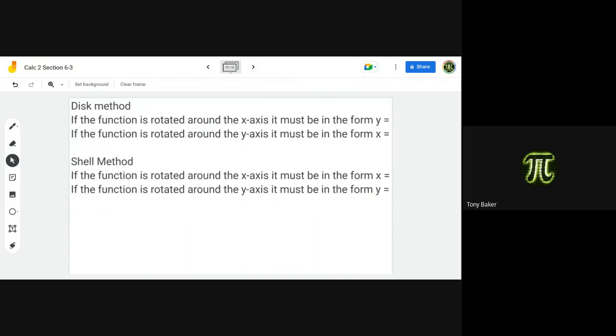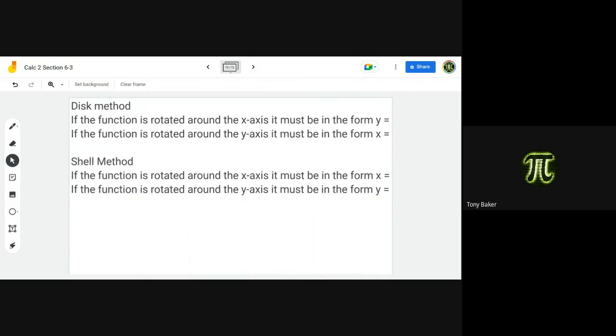Your disk method, if you're rotating around the x-axis, has to be in the form of y equals. If you're rotating around the y-axis, it's got to be in the form of x equals. The shell method is completely opposite of that. If you're rotating around the x-axis, you need it as x equals. If you're rotating around the y-axis, you have y equals.